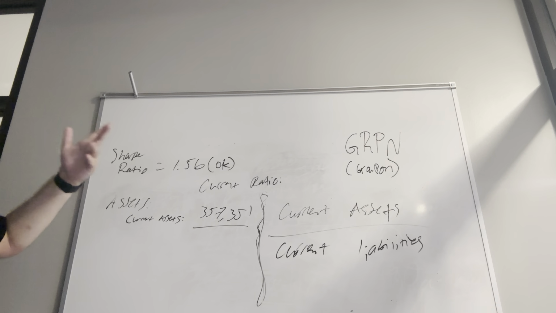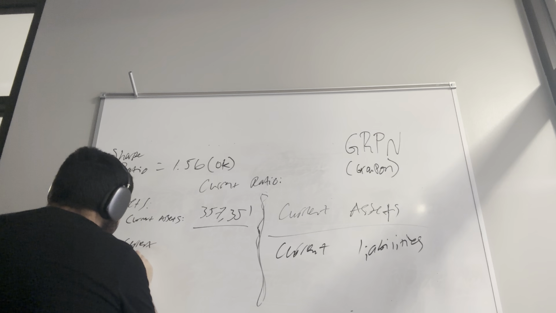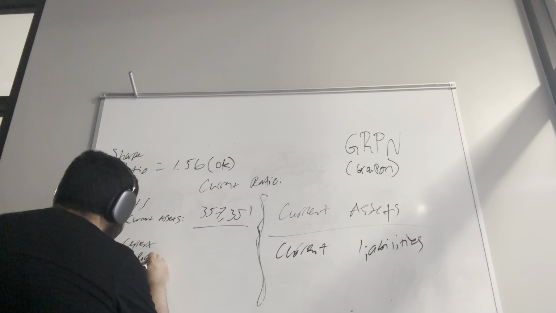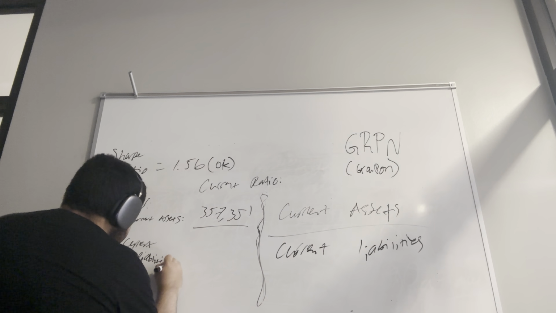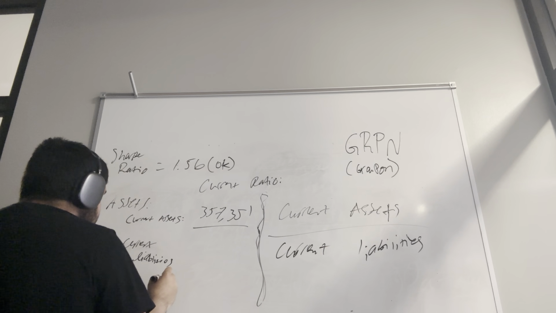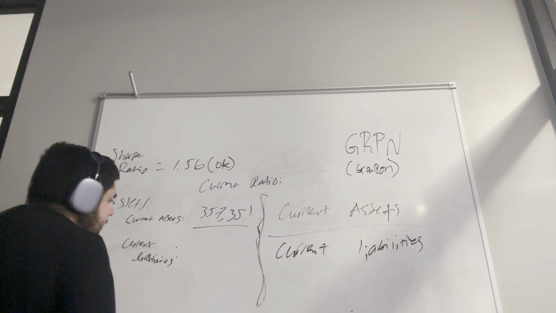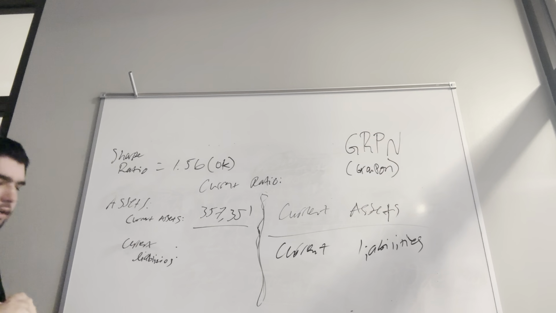Oh, I used the thick side of the marker. So we're going to go down to current liabilities, and we're going to do the same thing. There's going to be current liabilities.